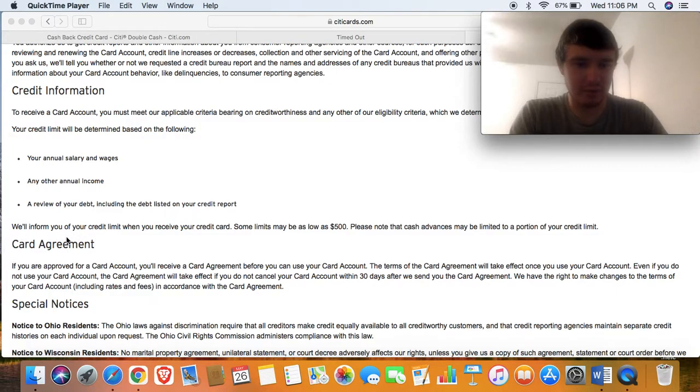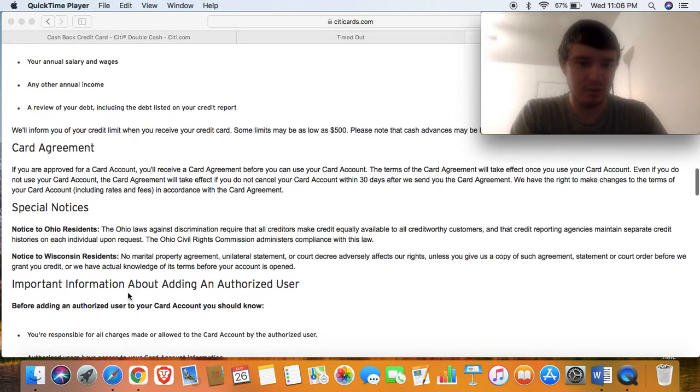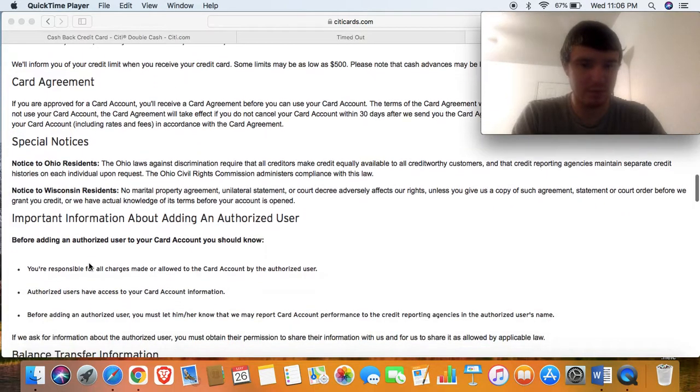And then right here they talk about the card agreement, special notices. If you live in certain states, you might want to go down to the special notices and read for the individual states, because certain states have different laws that these credit card companies have to abide by. So it makes sense to familiarize yourself with this part.